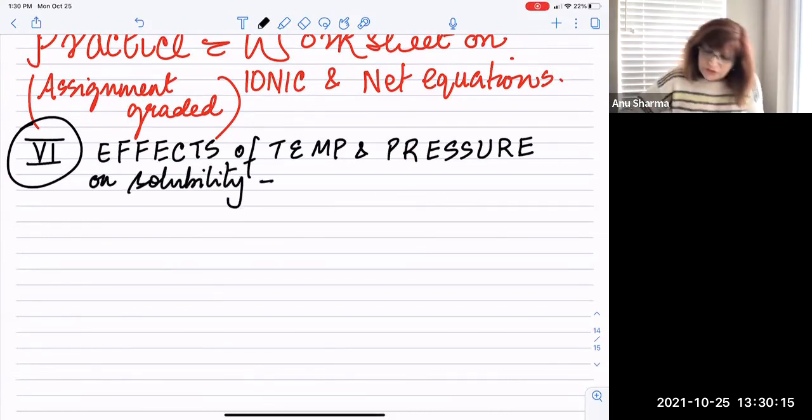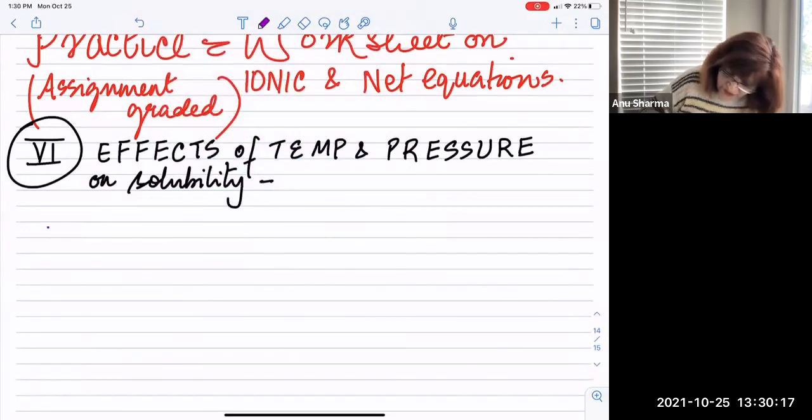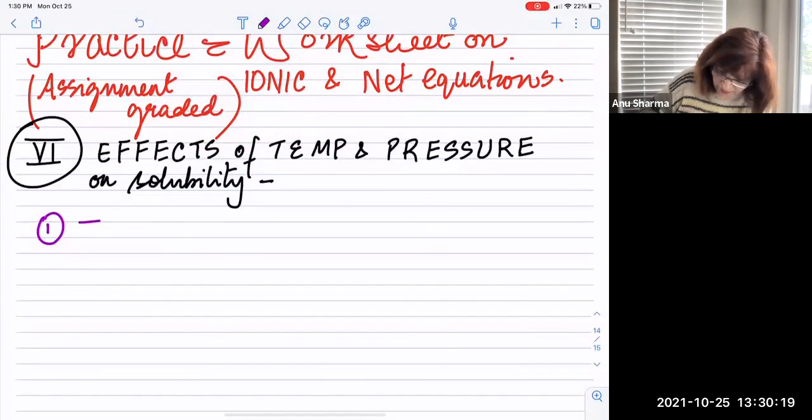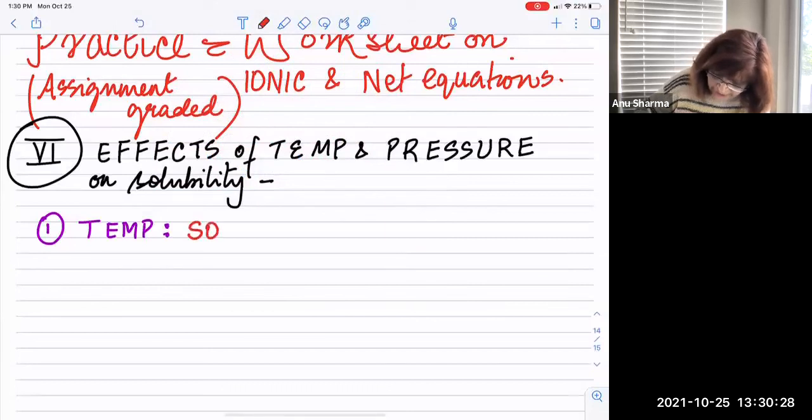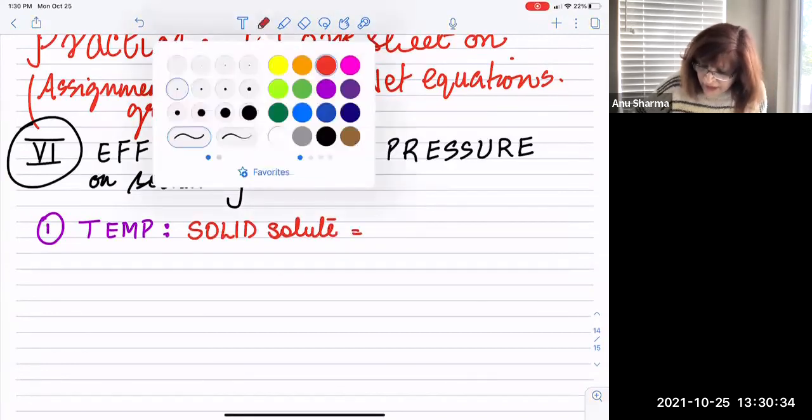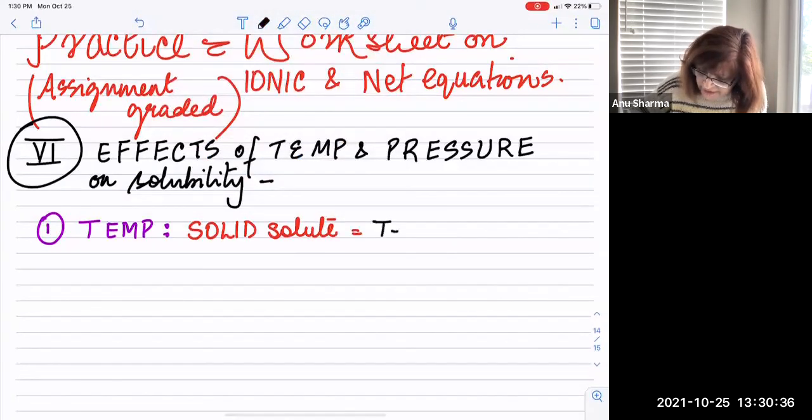Okay, so keep this in mind: temperature, first of all. Temperature with regards to solids, when the solute is a solid.